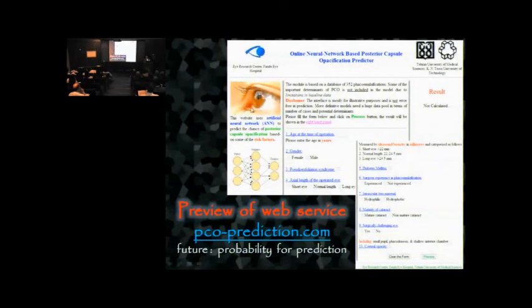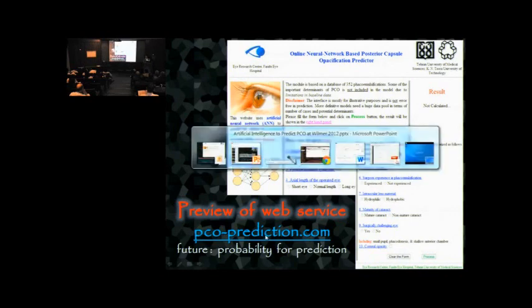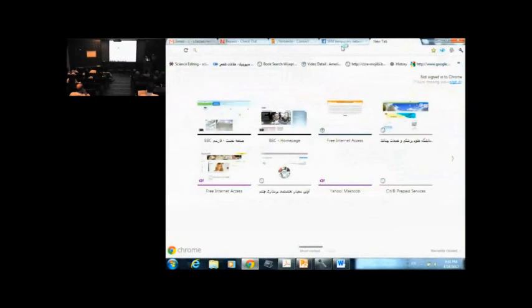In fact, we uploaded the module on the internet. This is the domain we registered, PCOprediction.com, and you can go to that area. I didn't know if we have internet access, that is why I put it here. Well, I can go. Oh, it came. Okay.